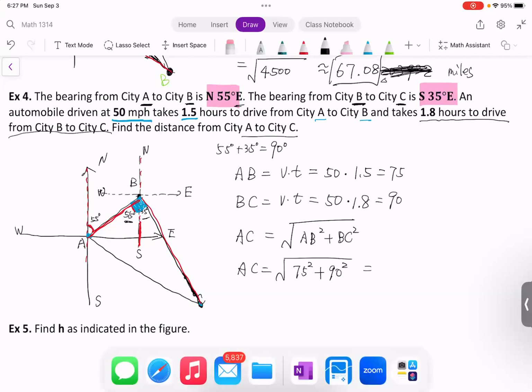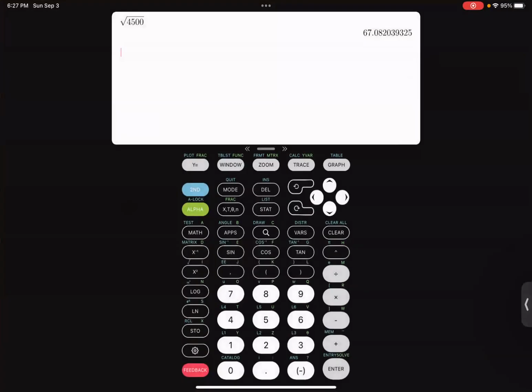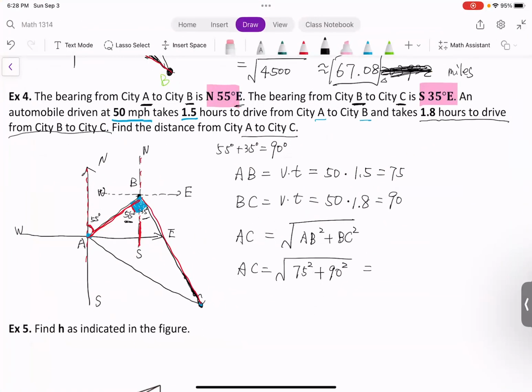We can use our calculator. Click square root, so click second, x squared, and then we have 75 squared. Click x squared, and then plus 90, click this button and hit enter. We copy this answer on our notes.